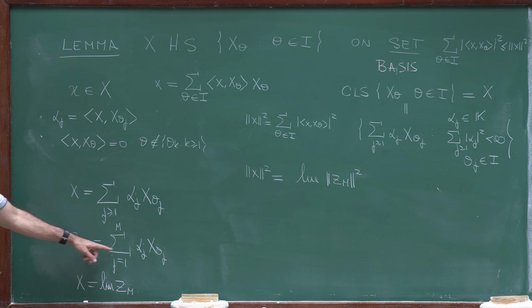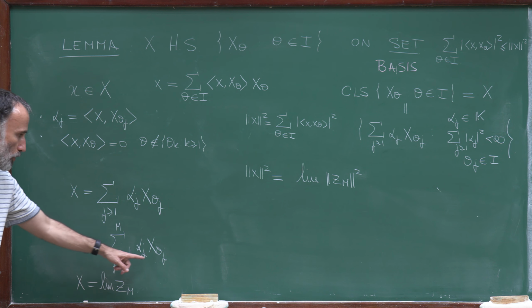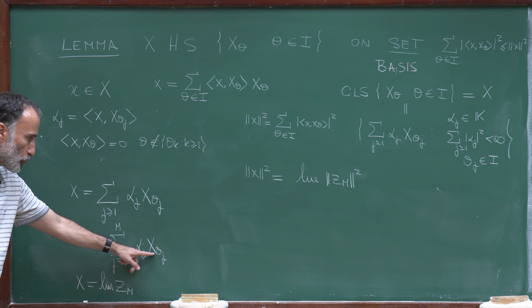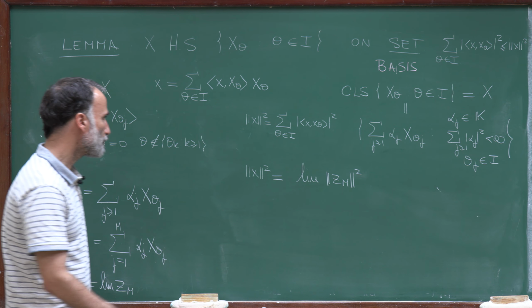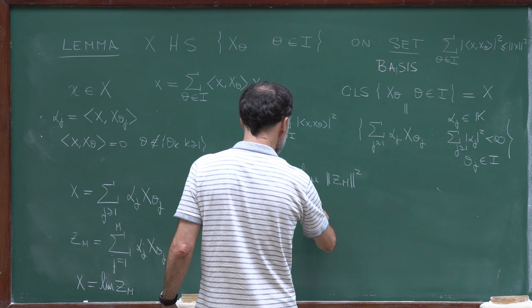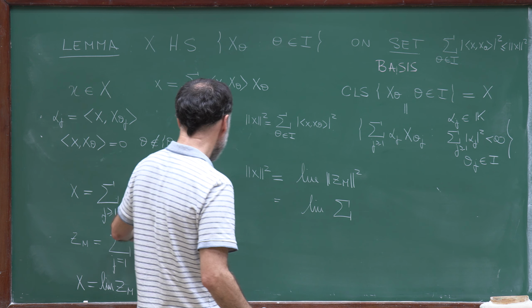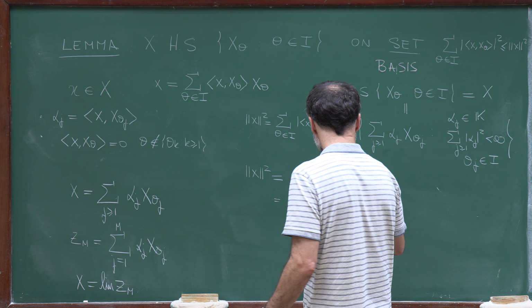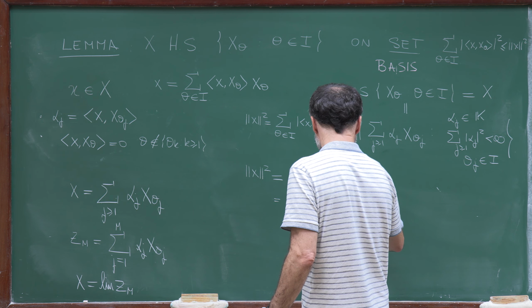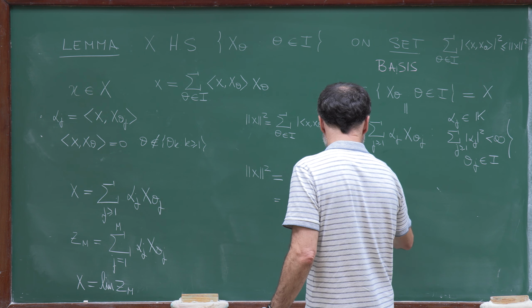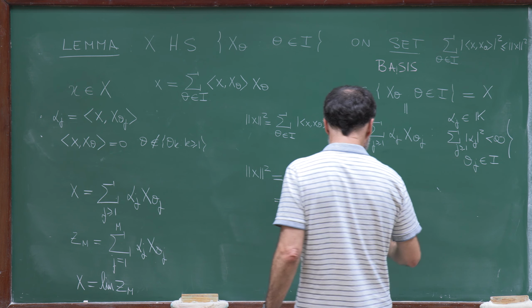But Zm is given by this sum. All these vectors are orthonormal, so they have norm equal to 1 and they are orthogonal to each other. So I leave it to you to compute the scalar product of Zm with Zm. What I claim is that this is equal to the sum from 1 to m of alpha j squared.